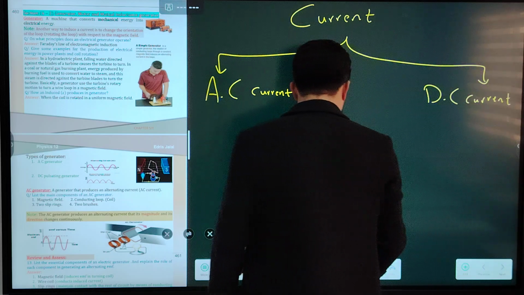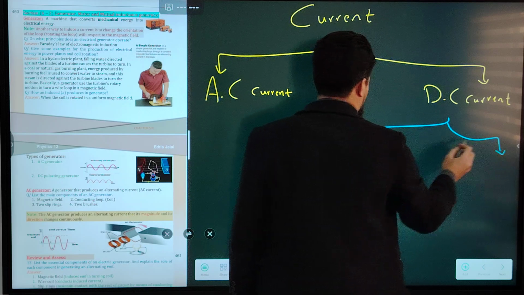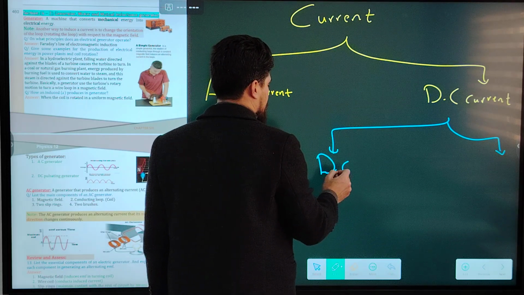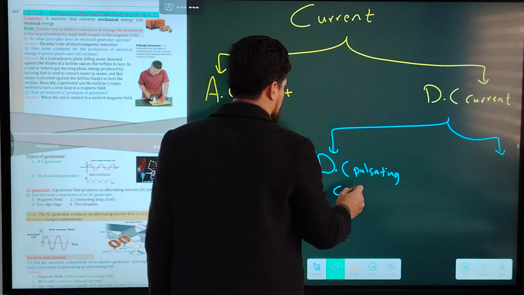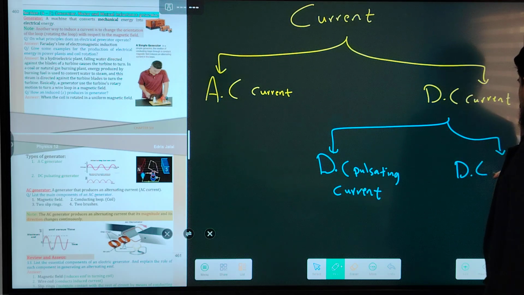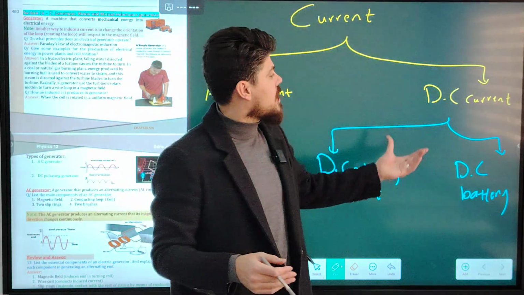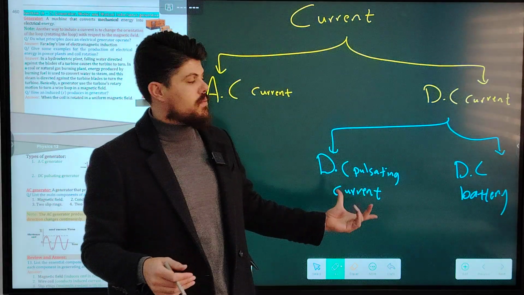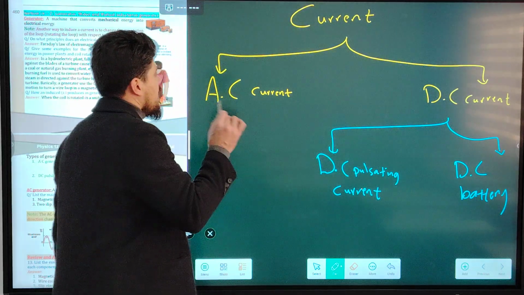DC current can be divided into 2 types: DC pulsating current, and DC of a battery. We have 2 main types of current, AC and DC. And DC can be divided into 2 types: DC pulsating current in a generator and DC of a battery.